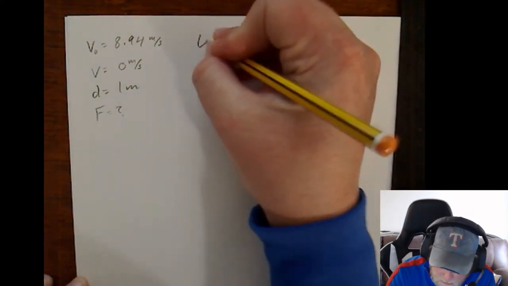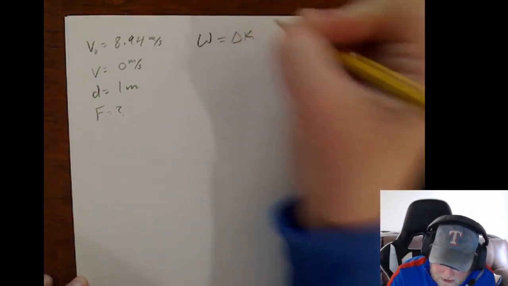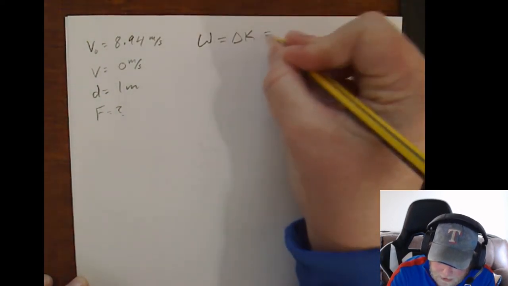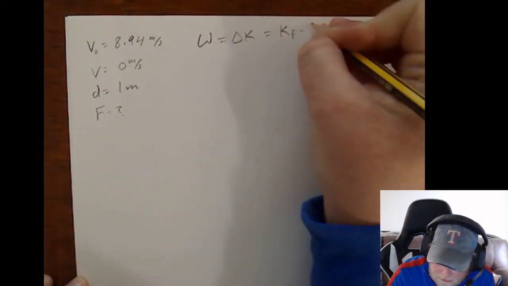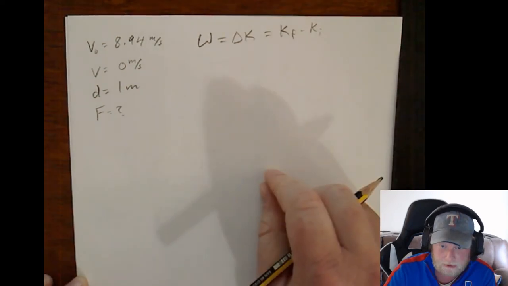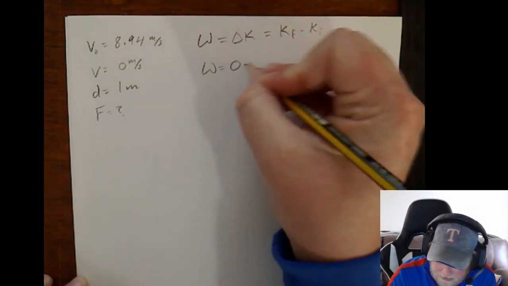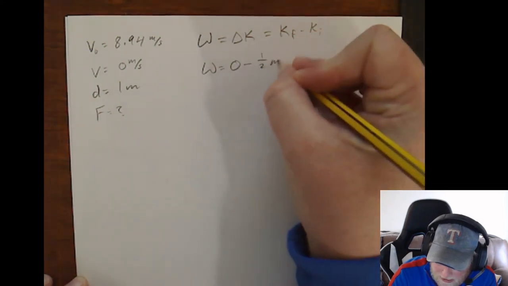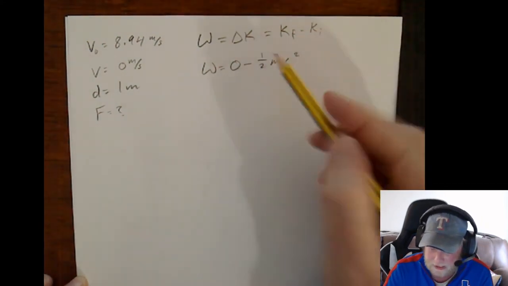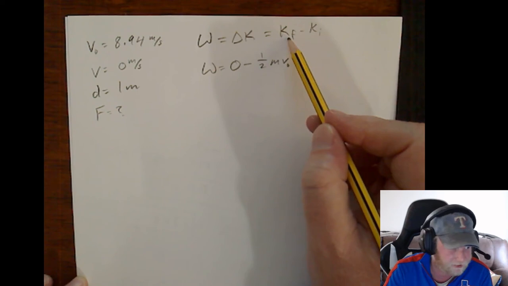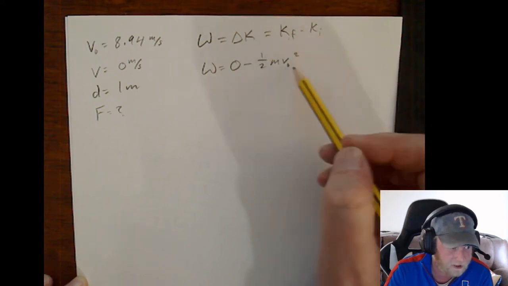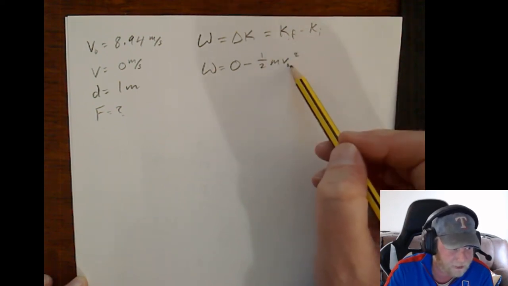All right, so work is a change in kinetic energy, right? Or final minus initial. So your work would be 0 minus 1/2 mv naught squared, right? Your final velocity is 0, so your kinetic energy final is 0, and your initial kinetic energy is going to depend entirely upon your initial velocity.